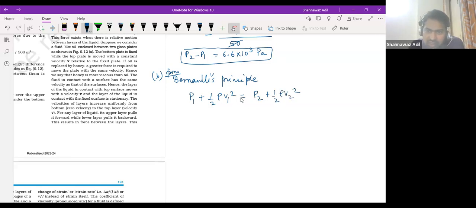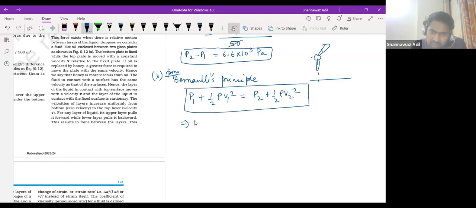And we have cancelled out this rho g h part because they are at the same height, right? We know that this plane is flying, but the two surfaces are at the same height. So if I write rho g h1, it would be again rho g h1 on both sides, so it cancels. So we will get this thing, right?